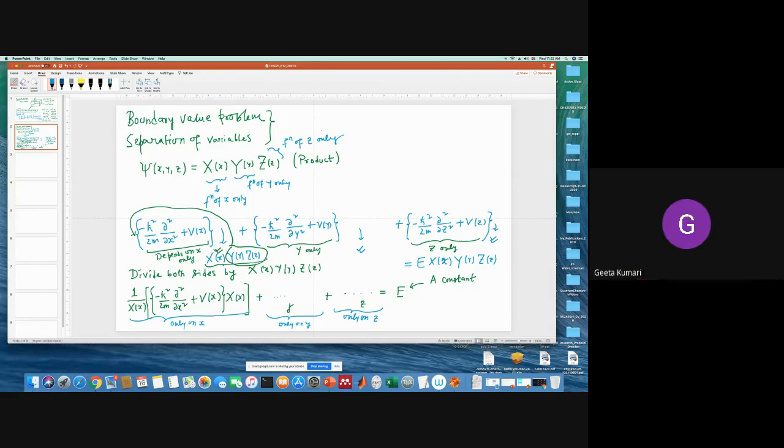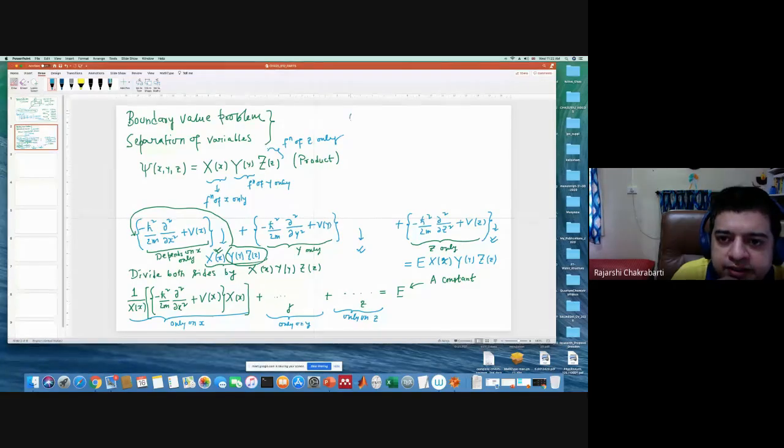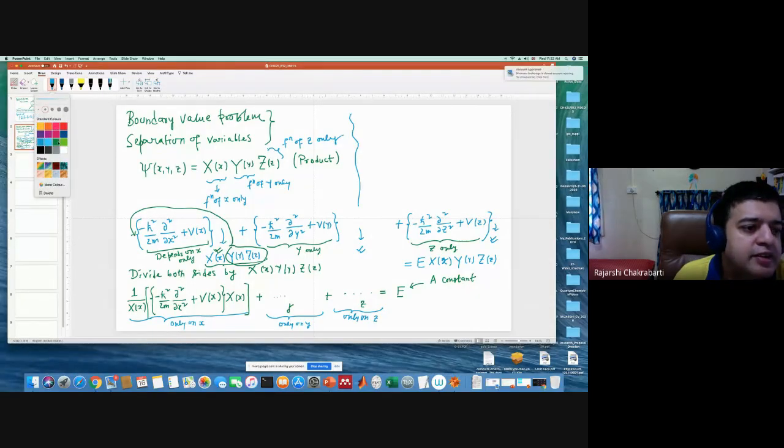So what I'm going to do, I'm going to write the first equation like this. Let me write it down.